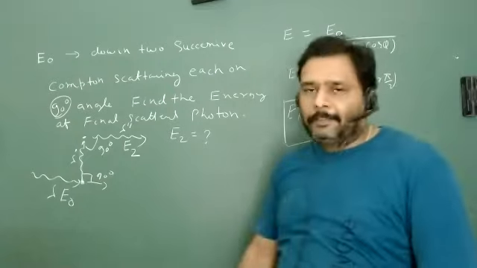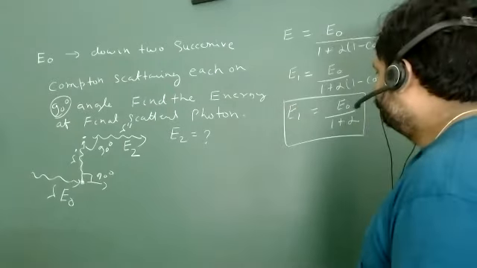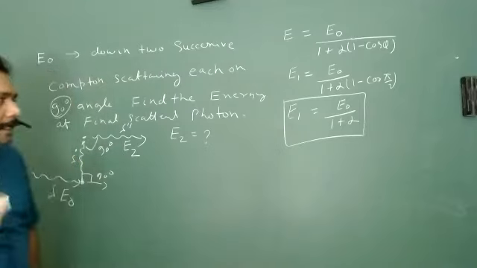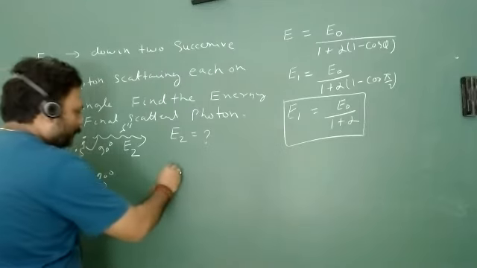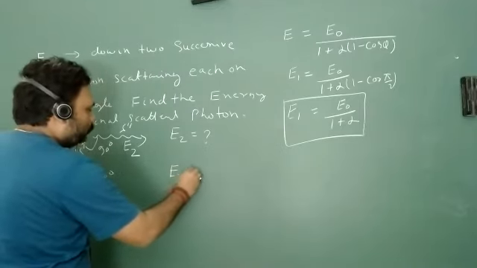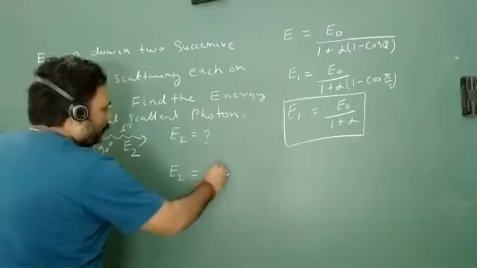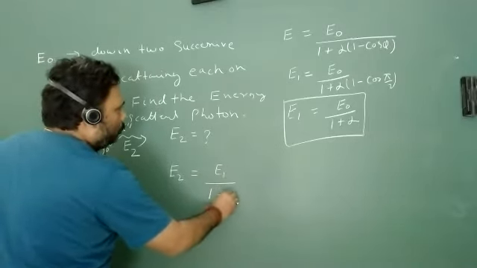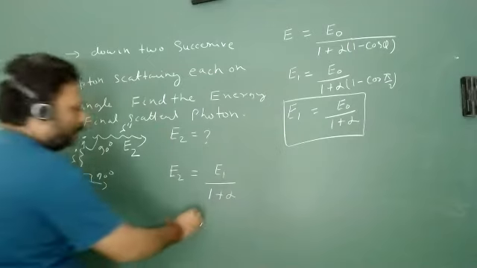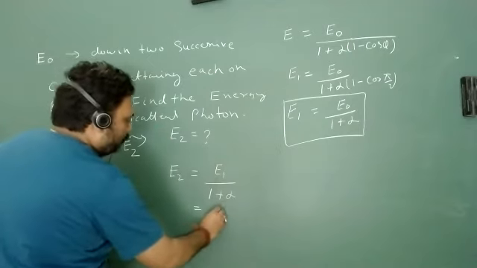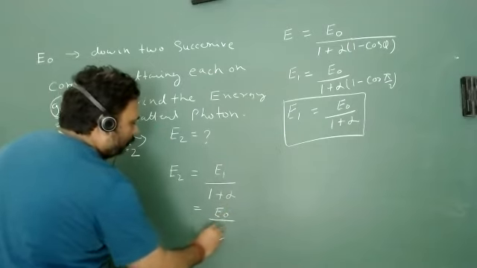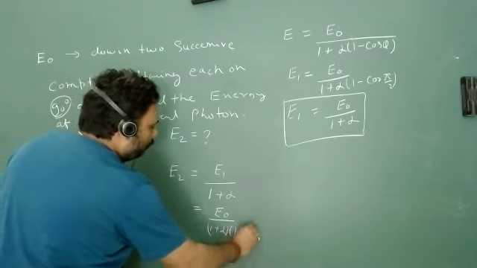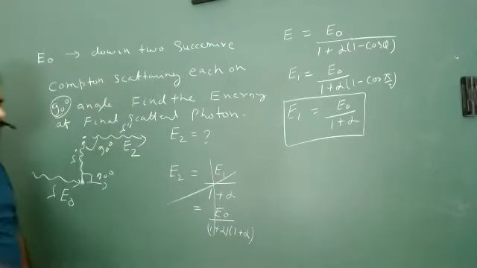Okay, 30 seconds is over. So the real error is done here: E2 will be E1 by 1 plus alpha, and this will be E naught over 1 plus alpha, 1 plus alpha. This is wrong.